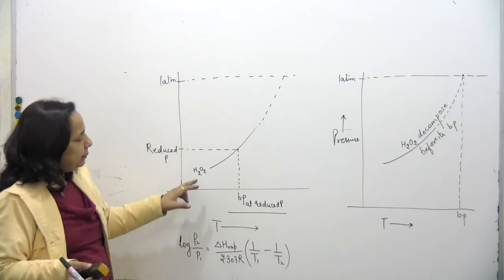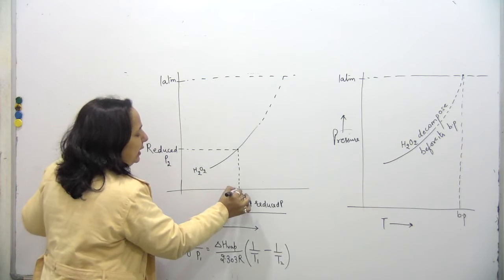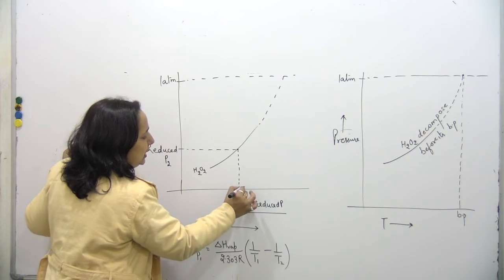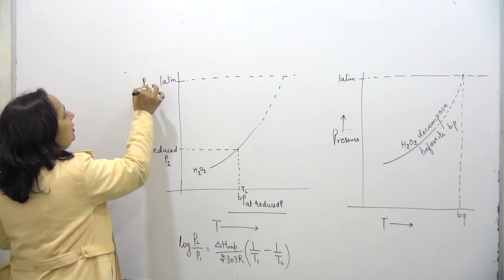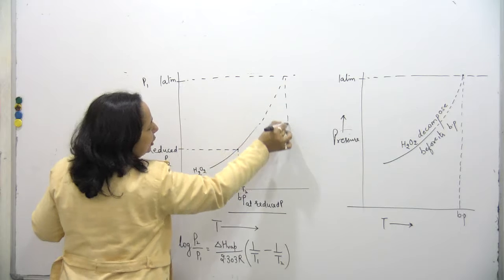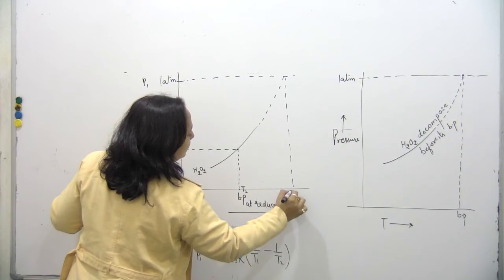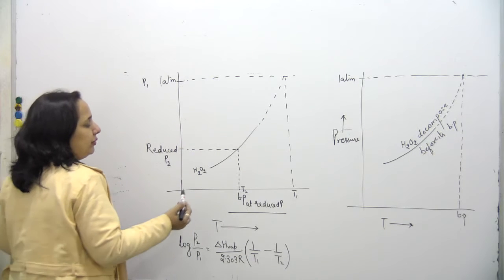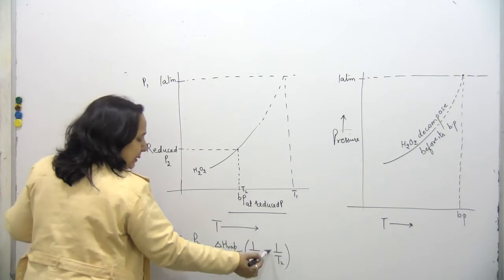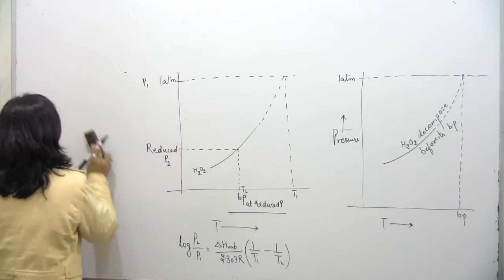Reduced pressure is, let us suppose, P2, and boiling point is T2, and initially pressure is P1, boiling point actual will be T1. Like that we can calculate the boiling point temperature, and that helps us to know the values.